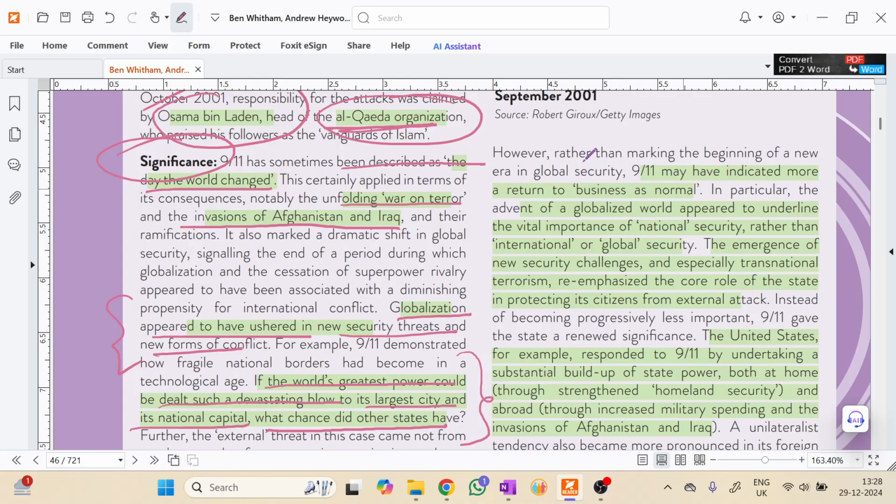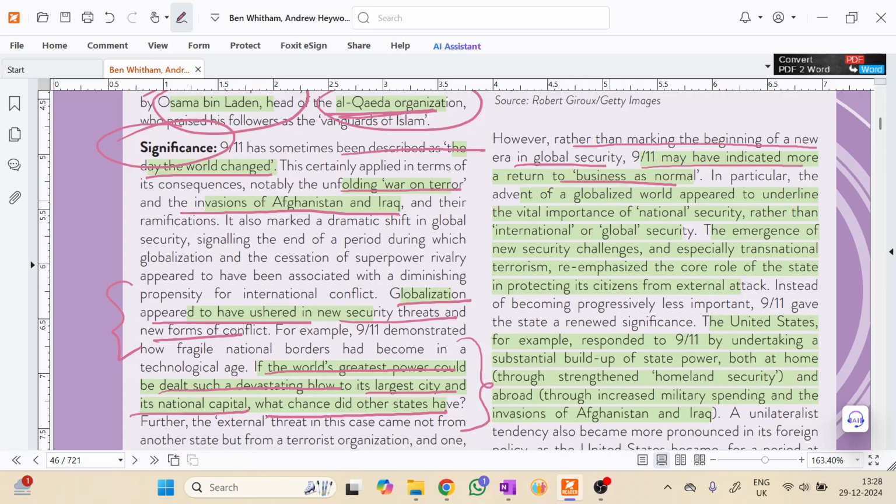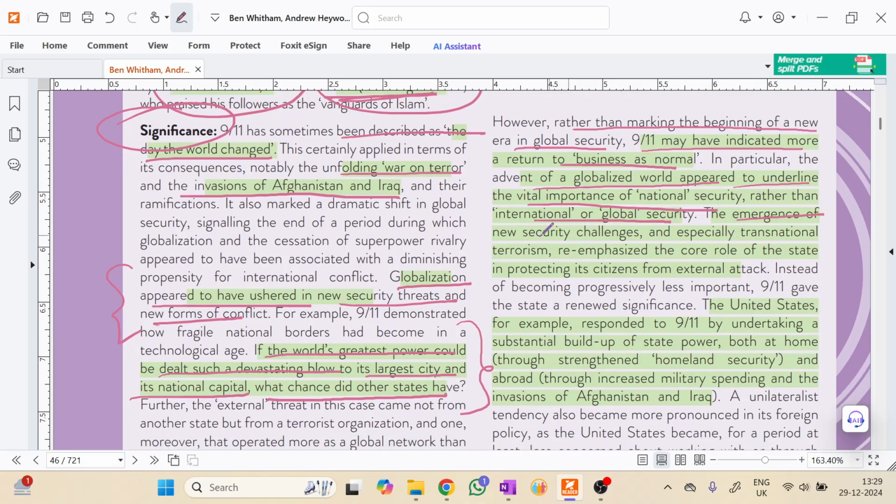Then, rather than making the beginning of a new era in global security, 9/11 may have indicated more business as normal. In particular, the advent of a globalized world appeared to underline the vital importance of national security rather than global security. The emergence of national security concerns, especially transnational terrorism, also re-emphasized the core role of the state.